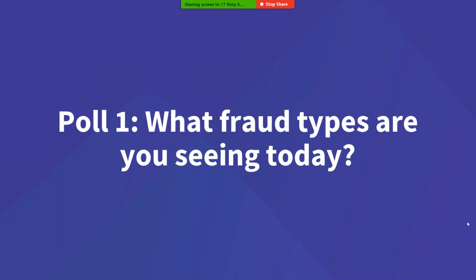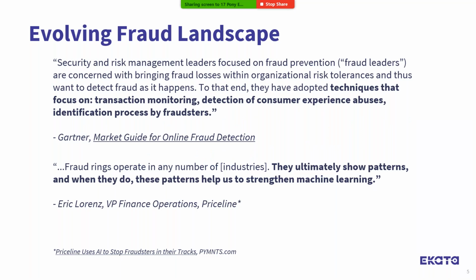And as we look at the evolving fraud landscape, I pulled up a couple quotes from things that I'd read previously. I recently read in that Gartner report, the market guide for online fraud detection, the first quote on the slide here, just around how security and risk management leaders are really adopting techniques that focus on mining transactional patterns, detecting consumer experience abuses, and then really honing in on the identification process for fraudsters.